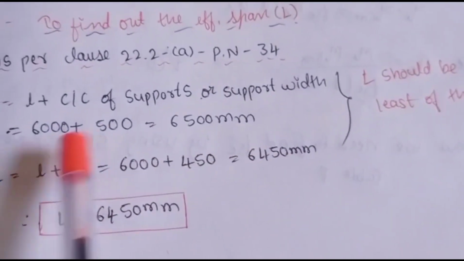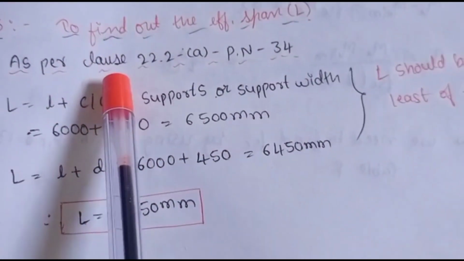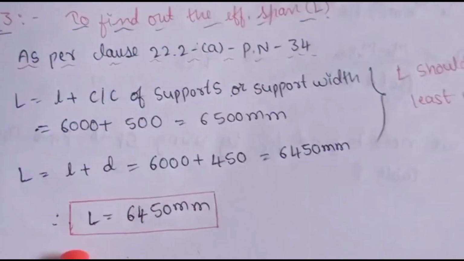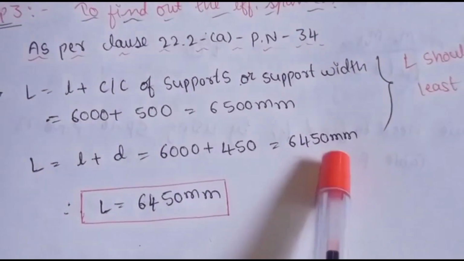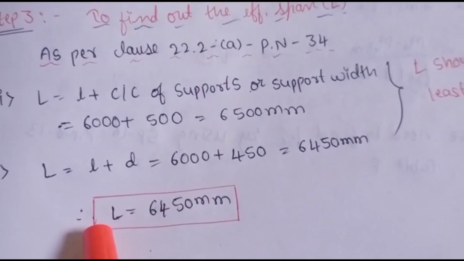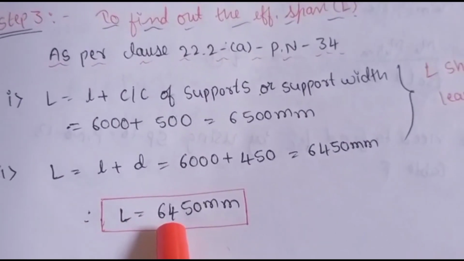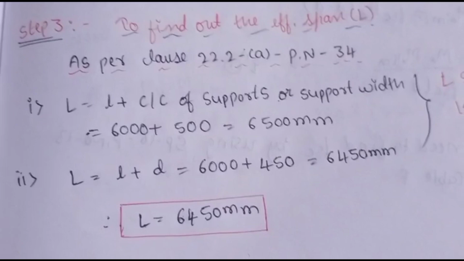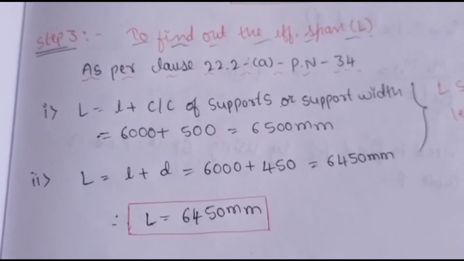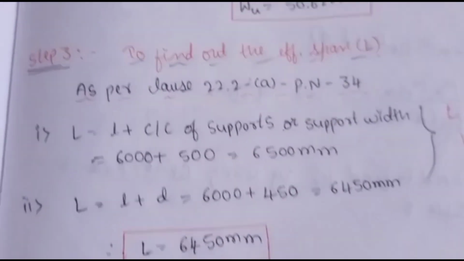They have clearly mentioned this in clause 22.2a. So which is less? 6450 mm is less, so I am taking effective span equal to 6450 mm. It is the least. This is how we calculate the effective span.